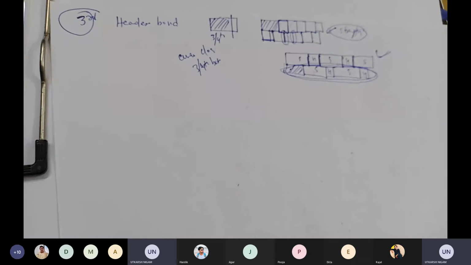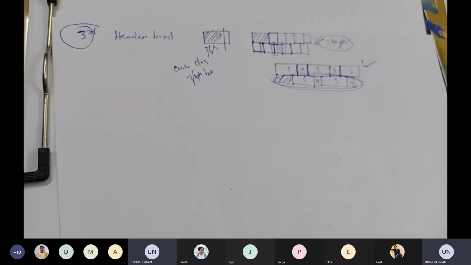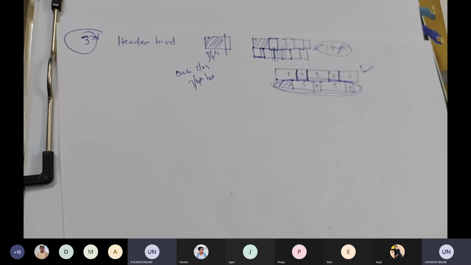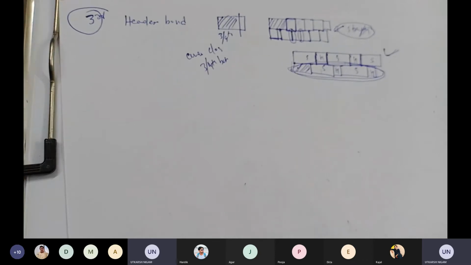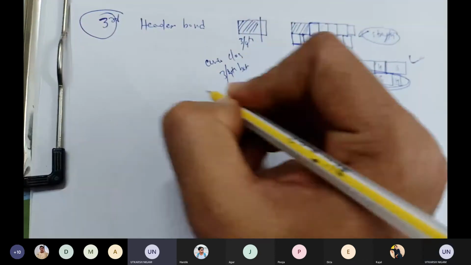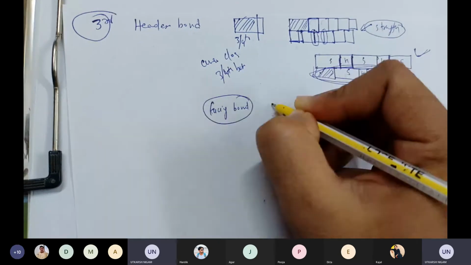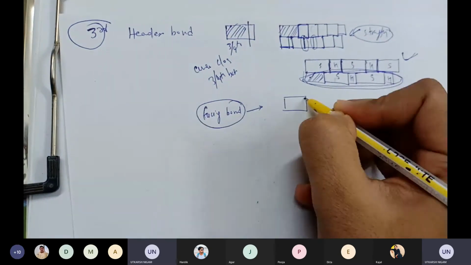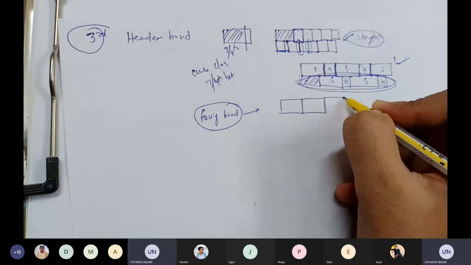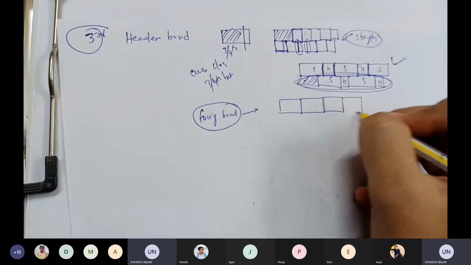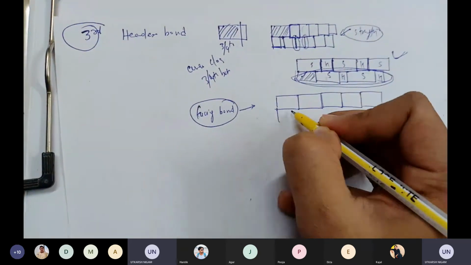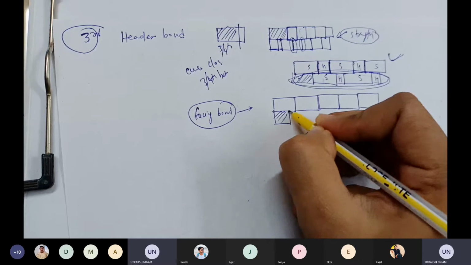Then the facing bond is there. In thick walls, the facing bond may be used. What happens in facing bonds? The important thing is that we are using several stretcher courses. We have continuous stretcher courses, then here, for example, a bat is there.